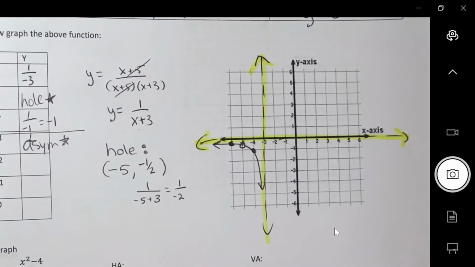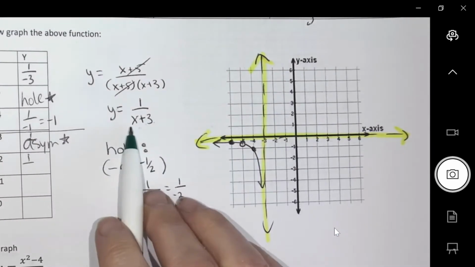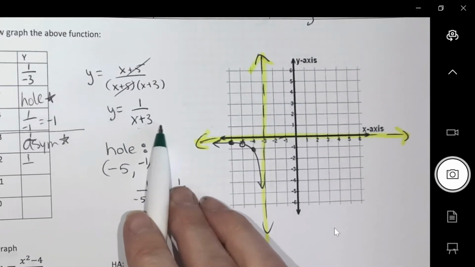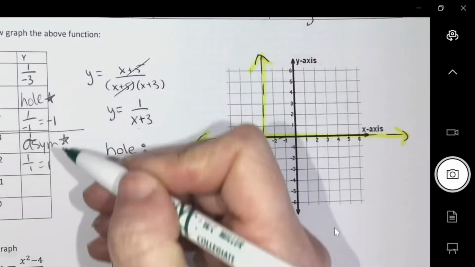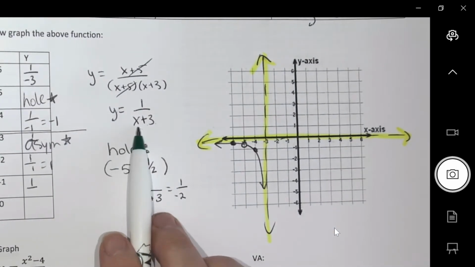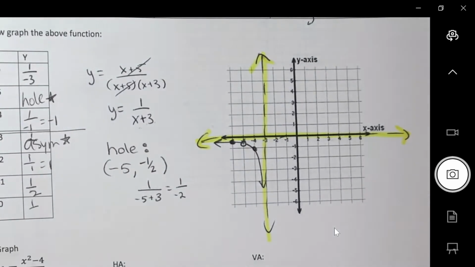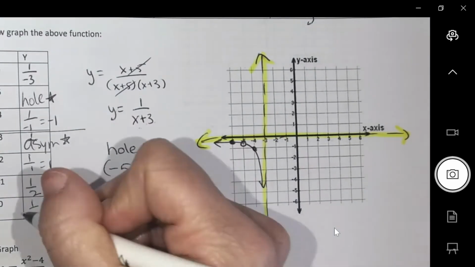Negative 2 plugged in. 1 over, what's the bottom? Negative 2 plus 3. 1. Plugging in a negative 1 makes the bottom 2. And when you plug in a 0, the bottom would be 3.